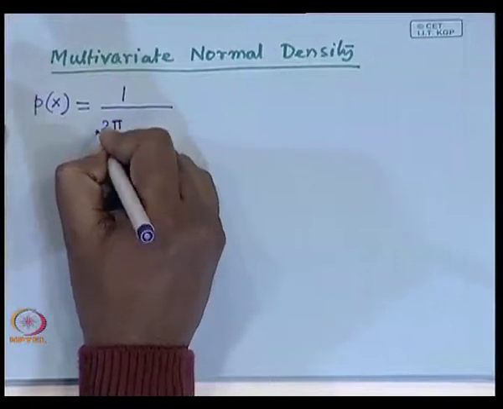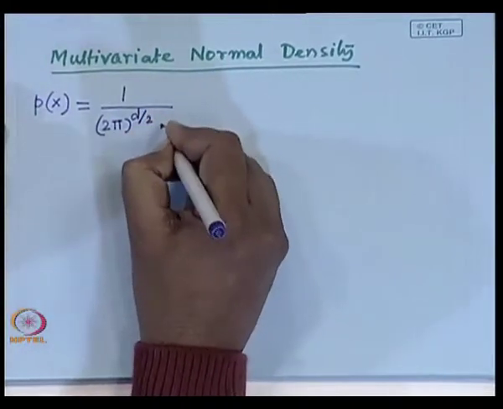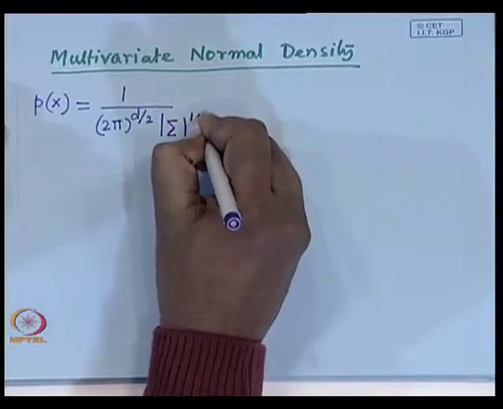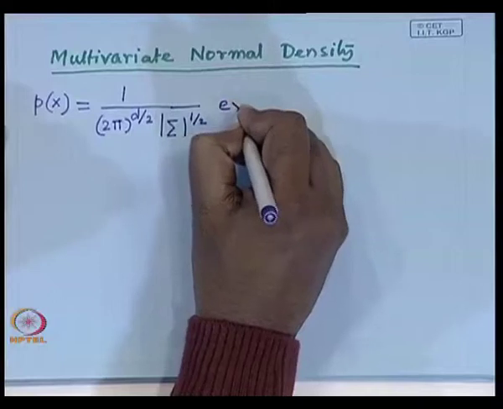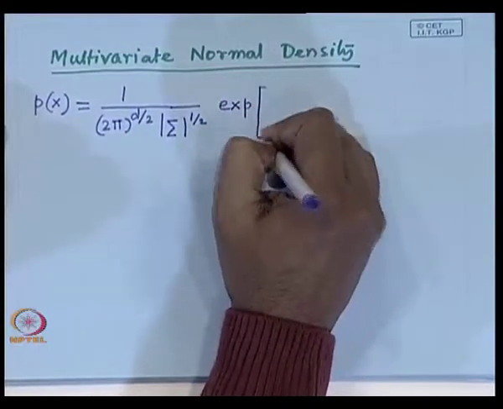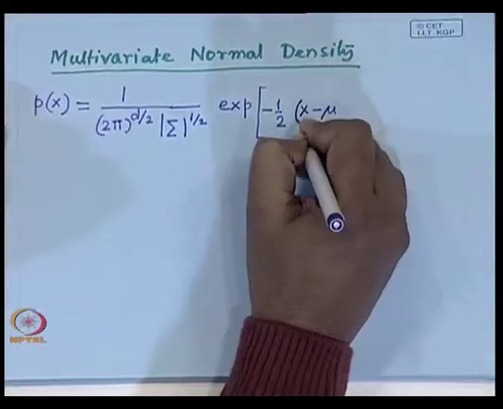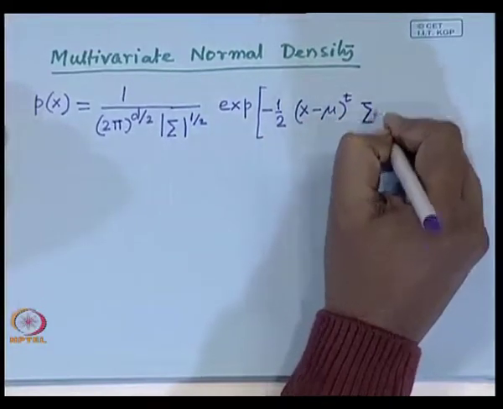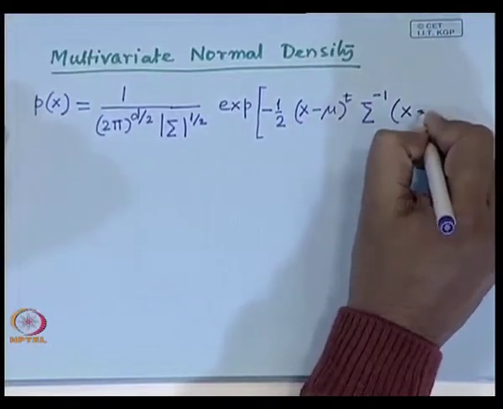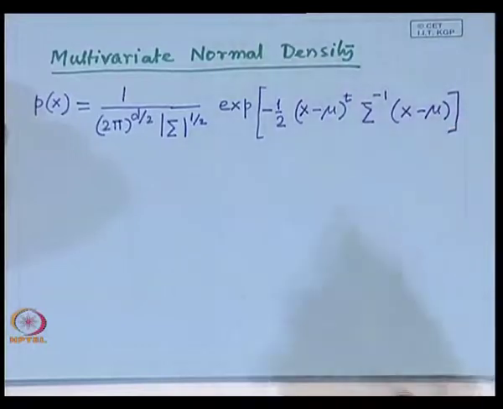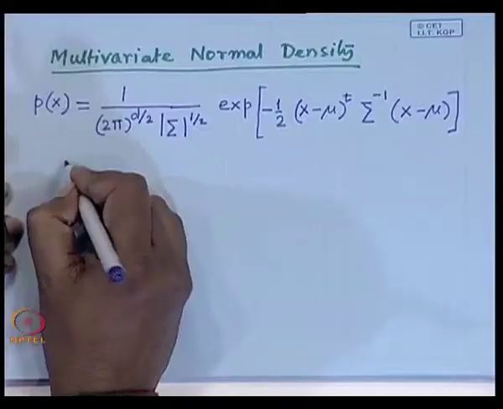So, this p of X in this case for a multivariate case will be simply given by 1 over 2 pi to the power d by 2 into the determinant of sigma to the power half, times the exponential term. Okay. So, this is the expression for the multivariate probability density function, where X is the feature vector, a variable representing the feature vector, mu is the mean vector.